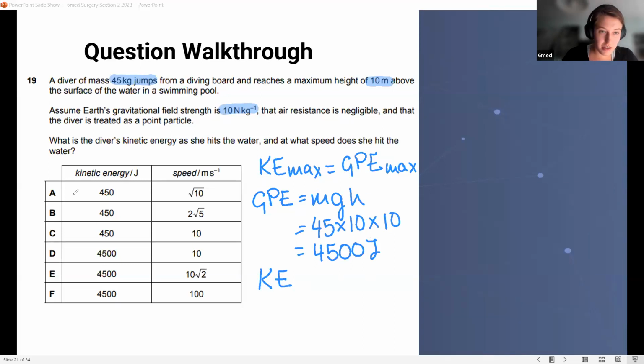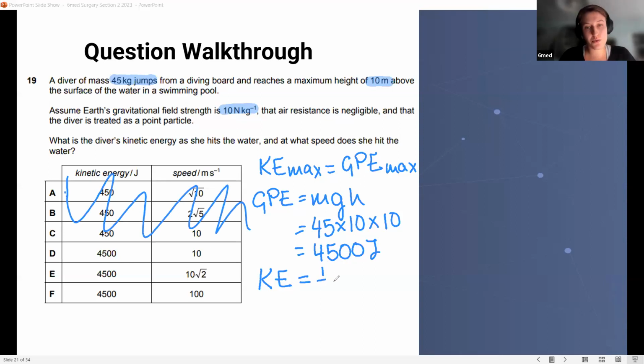First things first, we can use that to get rid of the top three answers, so you're left with D, E, F. Our kinetic energy equation is kinetic energy equals half times mass times velocity squared. We want to work out the speed or velocity, so I'm going to rearrange this and I get velocity equals the square root of 2 times the kinetic energy divided by the mass.